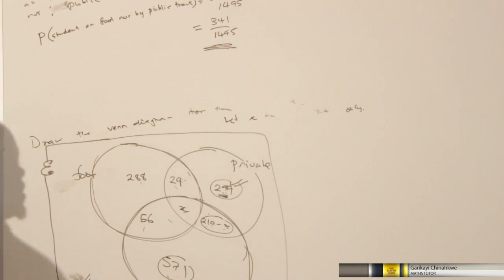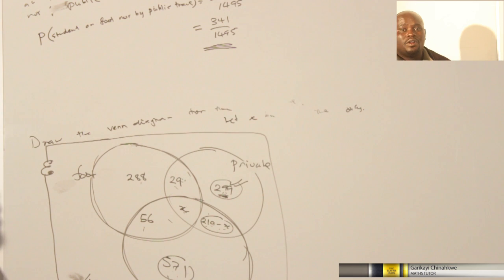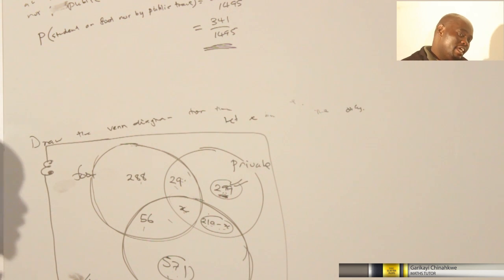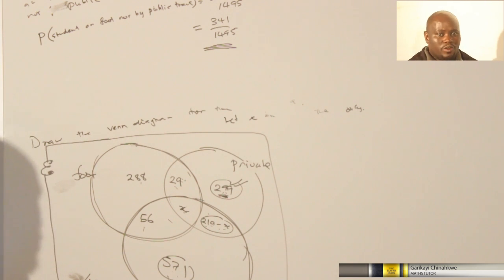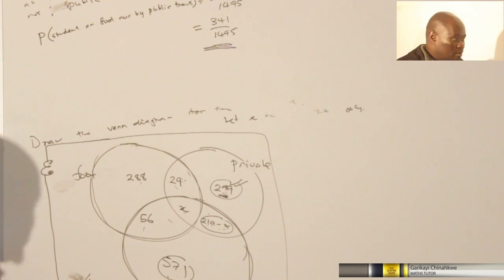Okay, that will be the answer. So that's how you approach these Venn diagrams. On Venn diagrams, you're supposed to recall "only", and when they say A only, or when they say neither A nor B, those are the things that you must take note of.